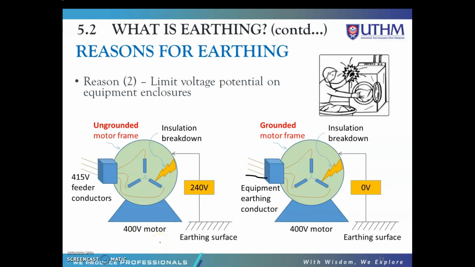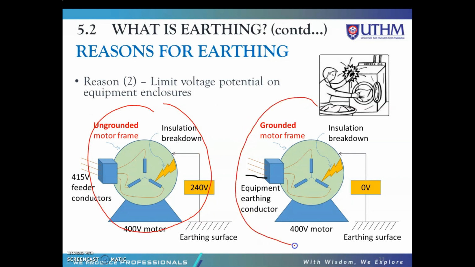The second reason why we need earthing is to limit voltage potential on equipment enclosures. The first diagram is the ungrounded motor frame, so there is no ground for this motor frame. In the second diagram, we have the equipment earthing conductor.